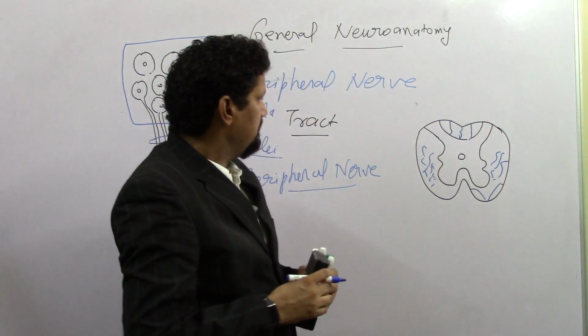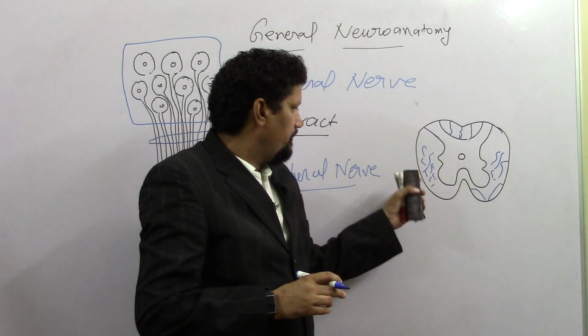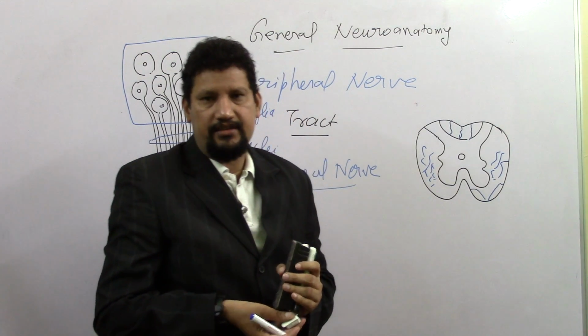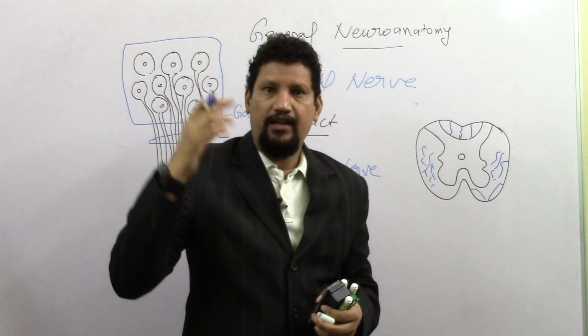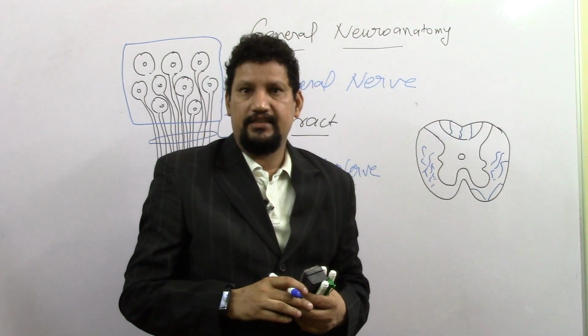So these bundles of axons inside the central nervous system running vertically upward and downwards are known as tracts.